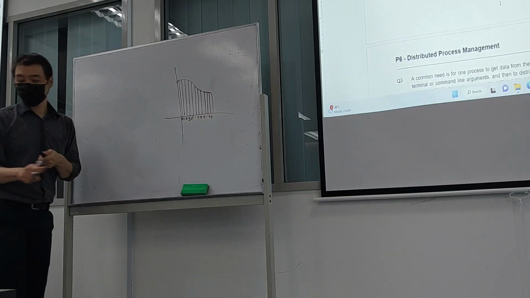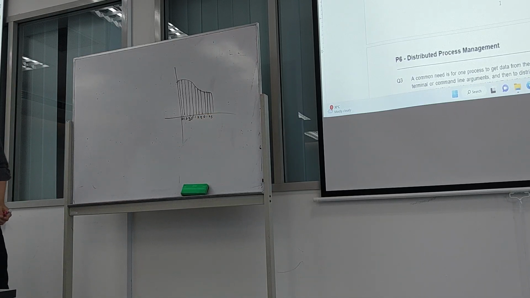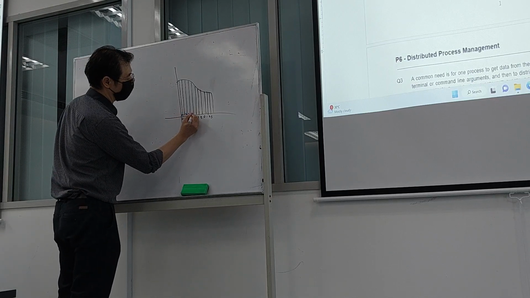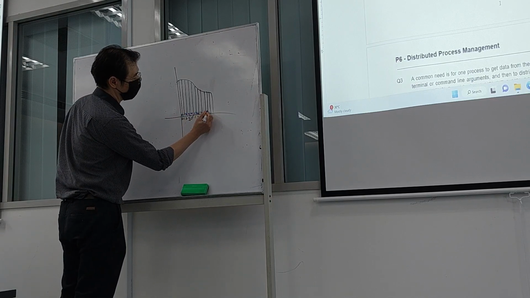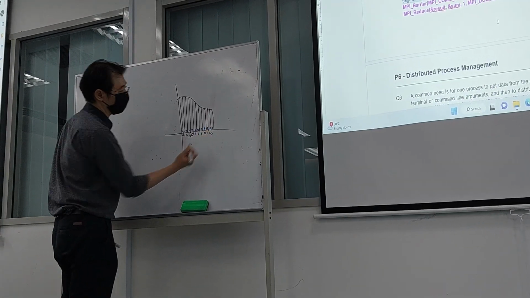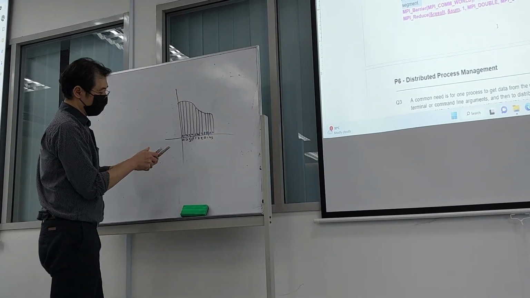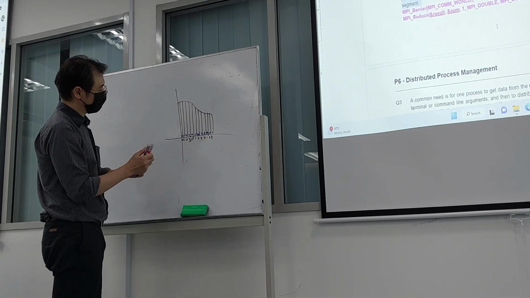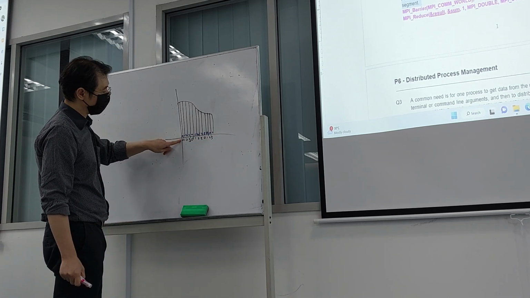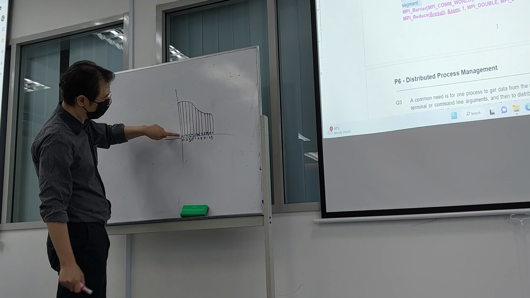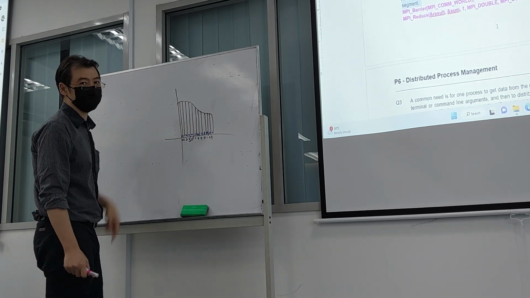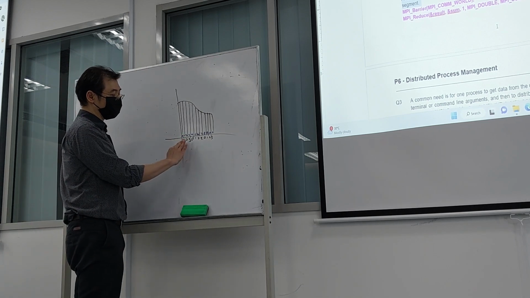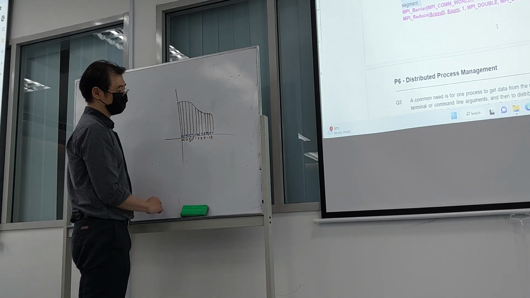But of course, the strip numbers are going to be strip number 0, 1, 2, 3, 4, 5, 6, 7, 8, 9, 10, and so on. At the bottom here is the thread or process ID that is going to compute each strip. We're going to use only 4 threads, so you're going to repeat.